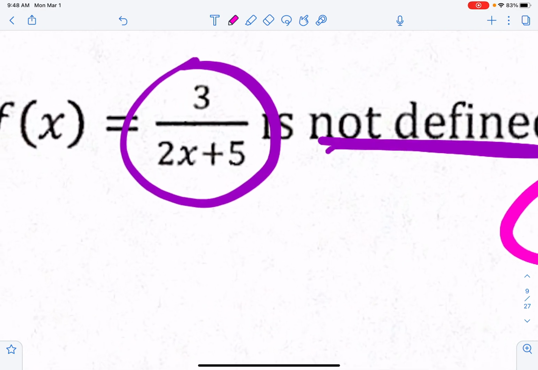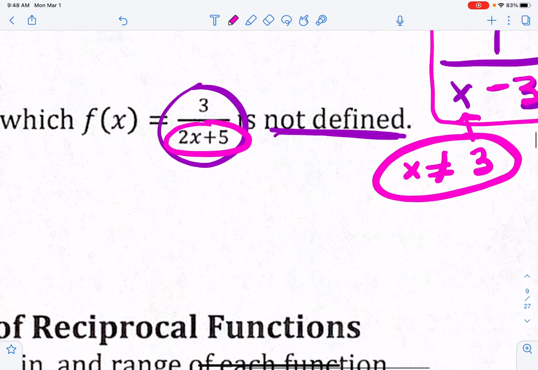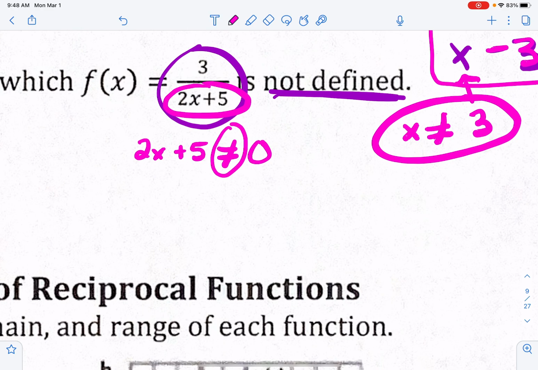But when we look at something a little more complicated in the bottom, like 2x plus 5, doing that in your head is a little bit harder. So what I usually say is, we don't really care about the 3. The 3 we can just ignore for right now. But the 2x plus 5, we literally say 2x plus 5 cannot be 0, because we don't want that bottom to be 0. Then all we do is solve the equation as if that were an equal sign.